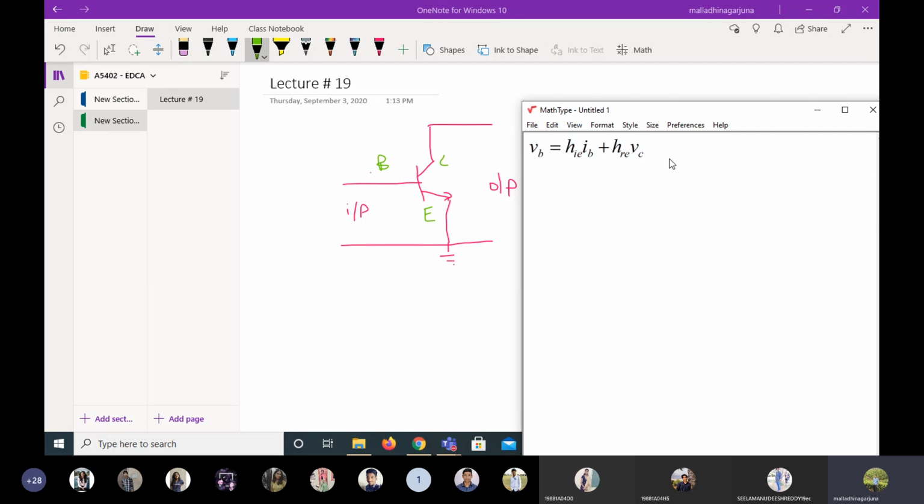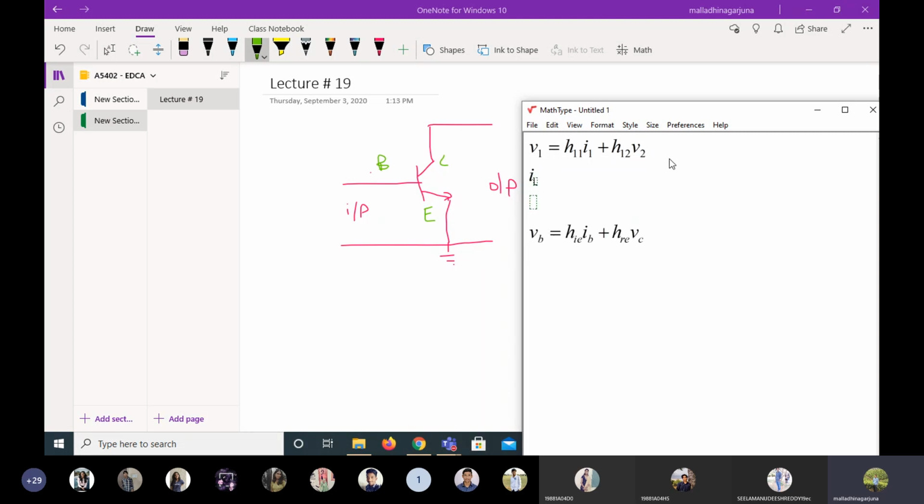The equations are, we know that V1 equals H11 I1 plus H12 V2. These are the H parameter equations.